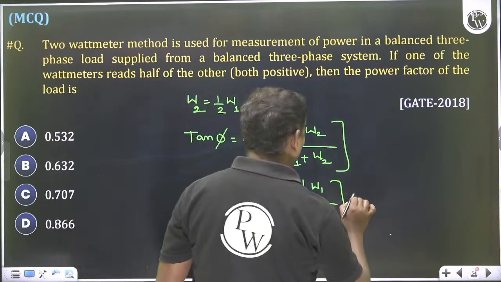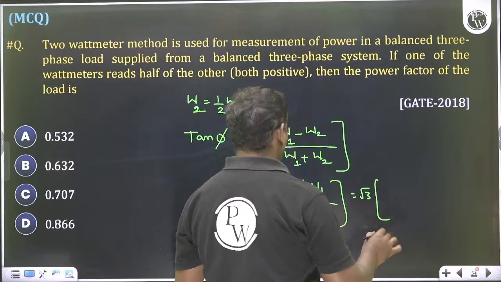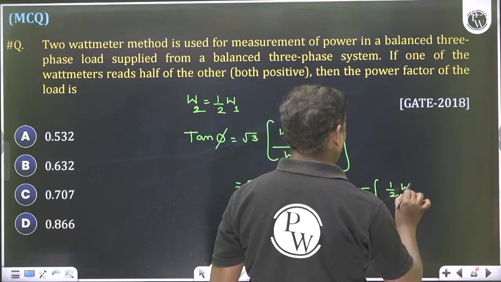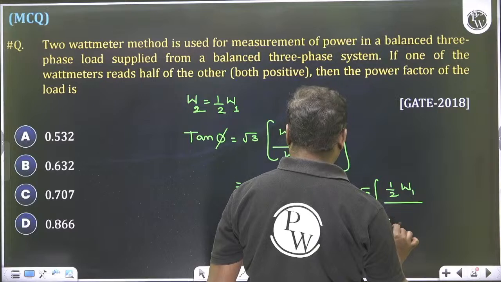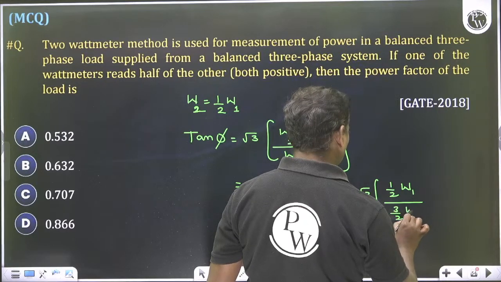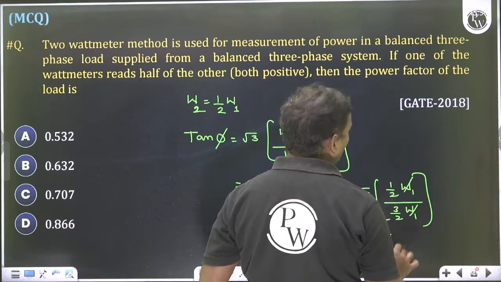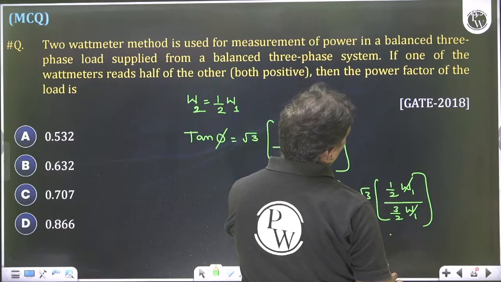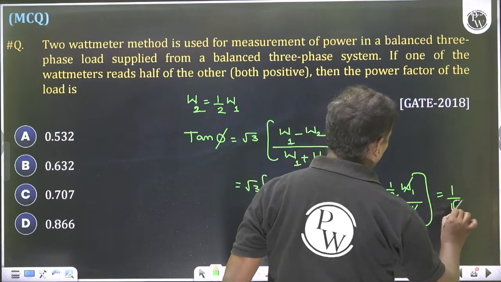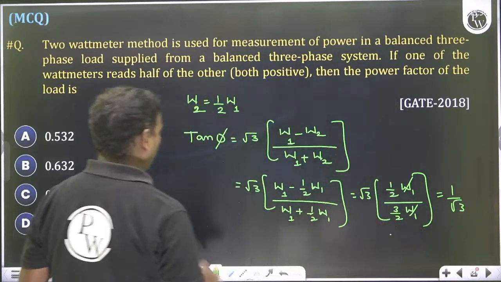So this will become 1 by 2 W1 divided by 3 by 2 W1, 1 by 2 into 2 by 3, so 1 by root 3. So phi will be 30.